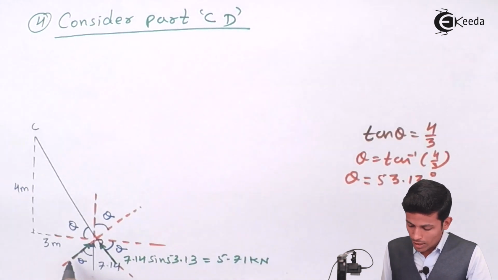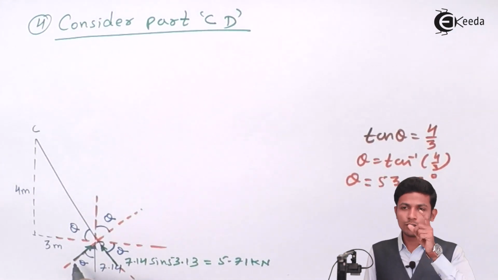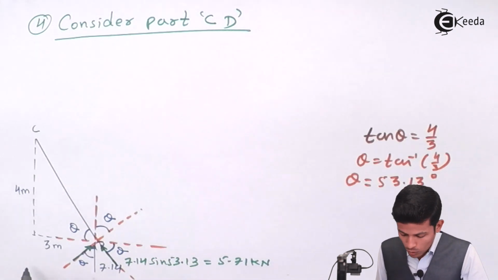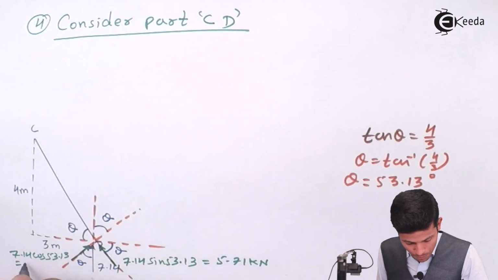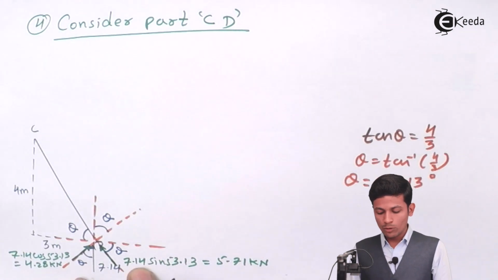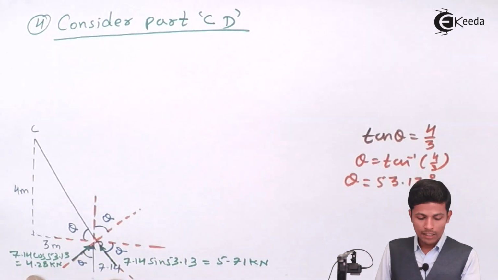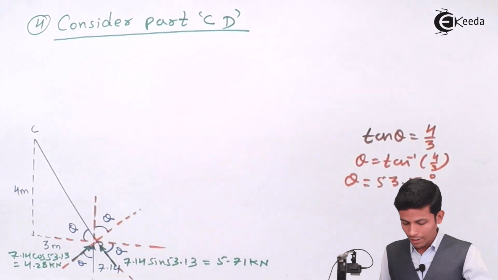Now this value will become, see, this is with theta, as you all know, the force with respect to theta is cos theta. Now 17.14 cos 53.13 is equal to 4.28 kilonewton. Okay, now you want this value 5.71 and 4.28, not this value 17.14. Okay, now take one more FBD of that part.